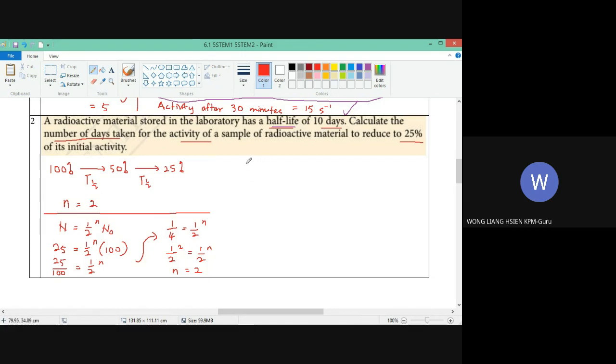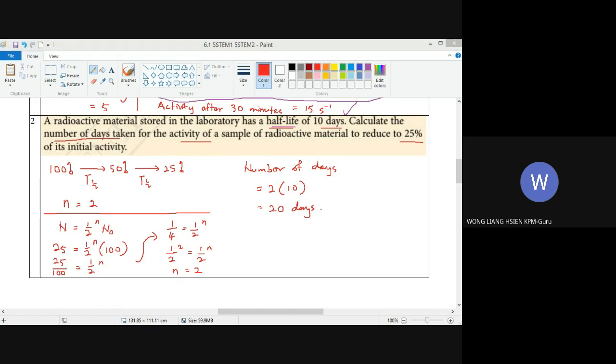So the number of days taken equals 2 times 10 days, so you get 20 days. So 20 days is the time taken for the activity of the sample of radioactive material to reduce to 25% of its initial activity.